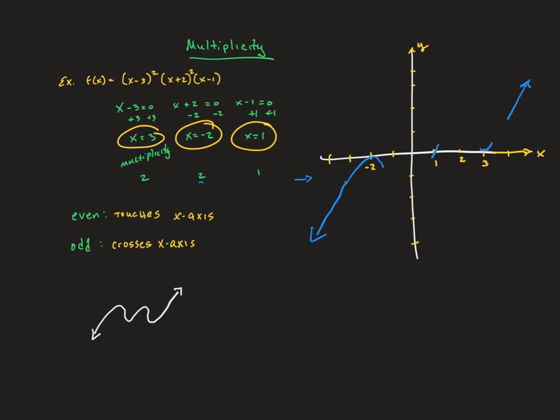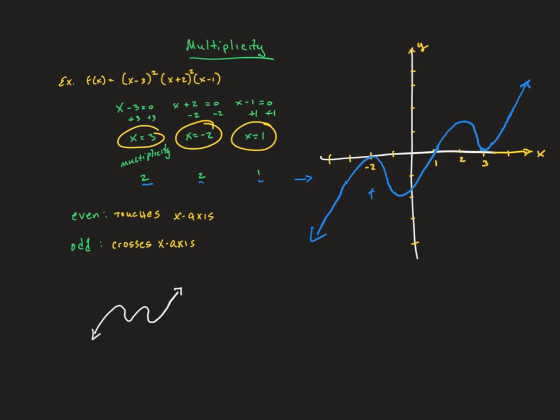And then I'm going to turn away from it. And then I'm going to go back and cross over at 1 because it's odd multiplicity. And then I'm going to approach 3 again because it's even, and then turn back around. And that should be the general shape of this function.